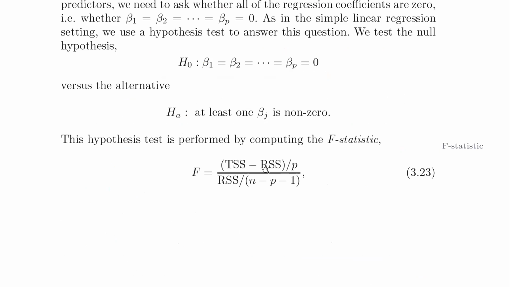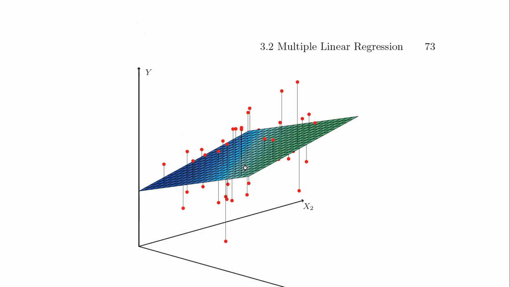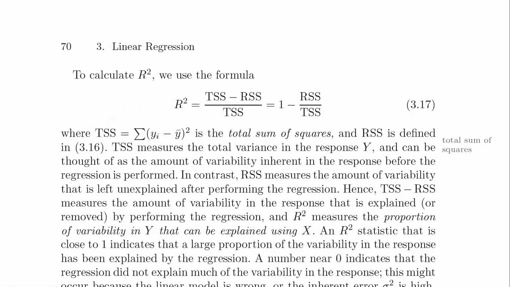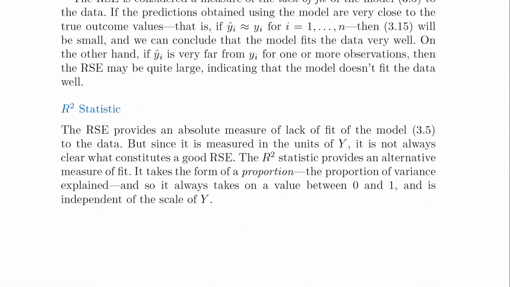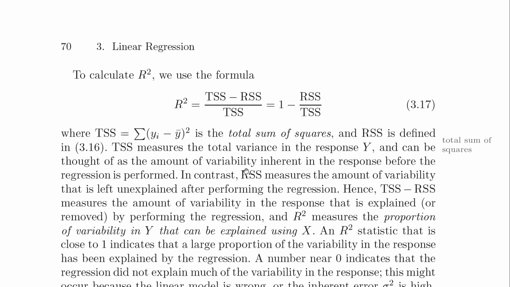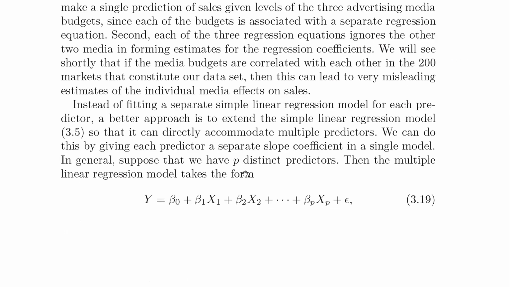So take your residual sum of squares, calculate your TSS. Don't ask me what that stands for, unless you'd like me to look it up. The TSS was the total sum of squares.